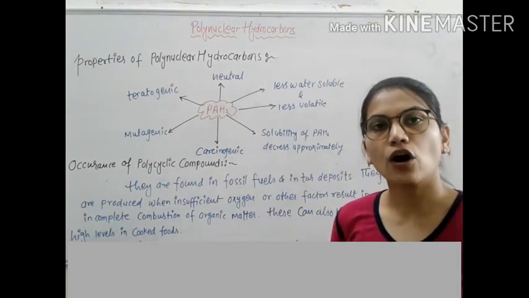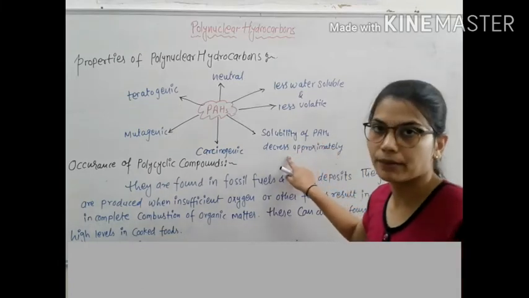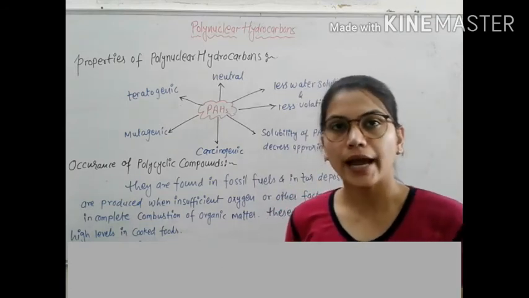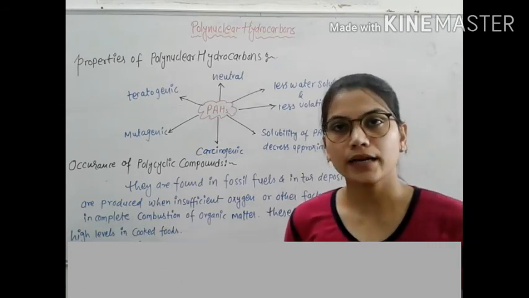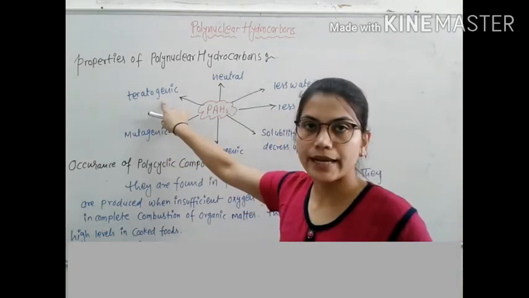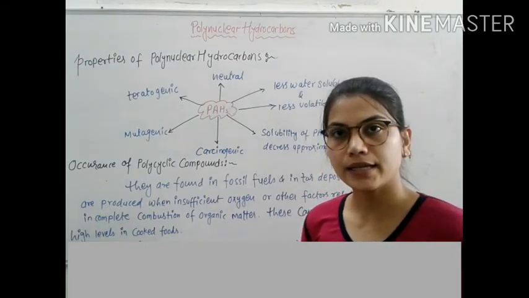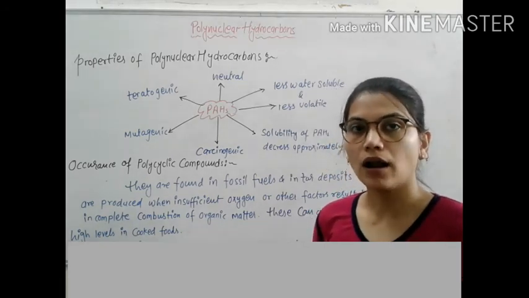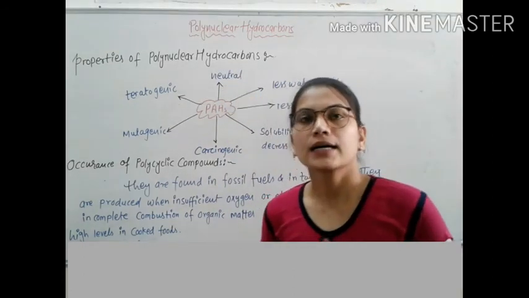Aqueous solubility of polycyclic aromatic hydrocarbons decreases approximately 1 order of magnitude for each additional ring. Some polycyclic compounds known for their carcinogenic, mutagenic or teratogenic properties are benzanthracene, chrysene, benzofluoranthene and benzopyrene. All are the properties of polynuclear hydrocarbons.